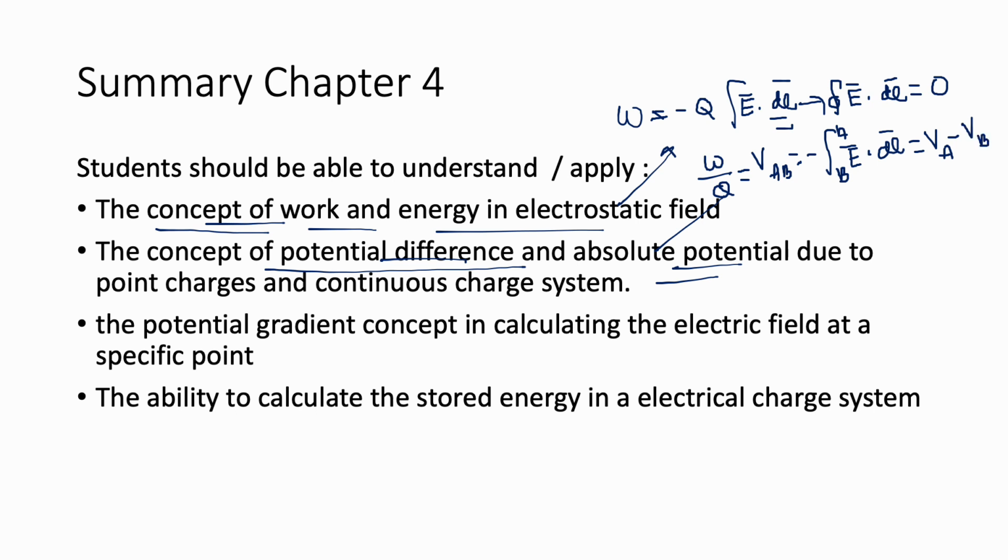For the absolute potential, the initial point becomes infinity, when B approaches infinity. Then we learned the potential gradient concept, where E is equal to negative gradient of V.